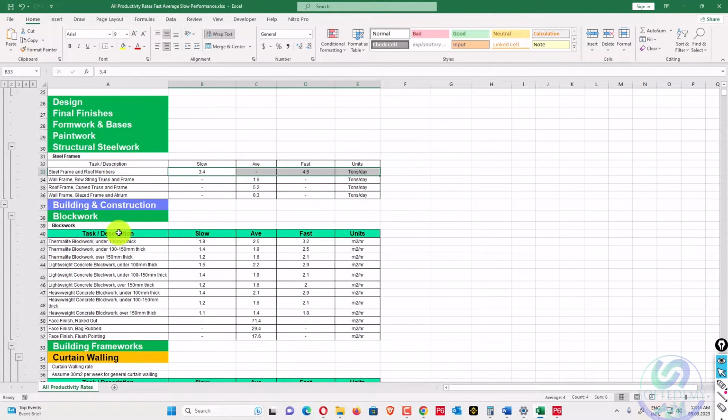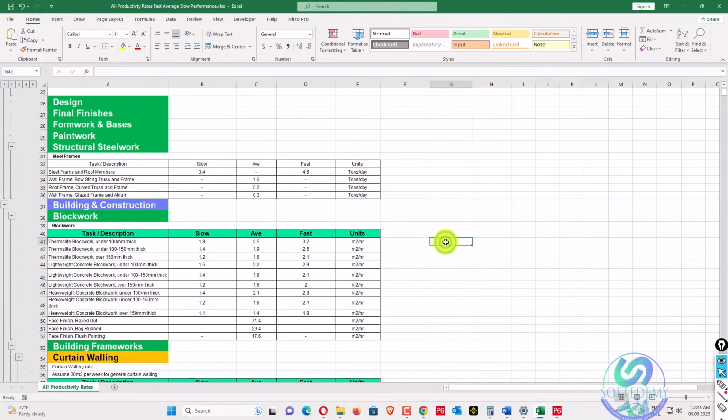In this type of productivity rates, it's given as a unit per hour. You can see here unit per hour, it's meter square per hour. So it means it is given as a quantity per unit, so what we have to do is divide the quantity by it. For example, we have 50 square meters of work, so we divide by this productivity.